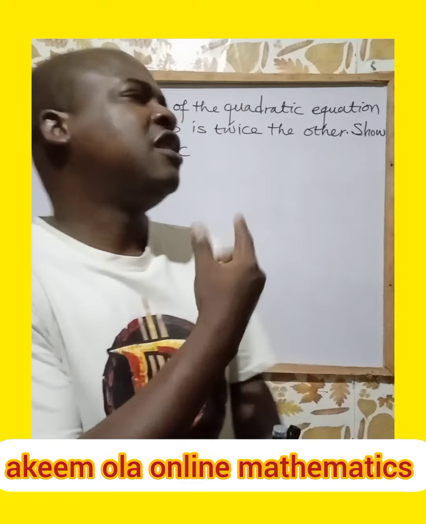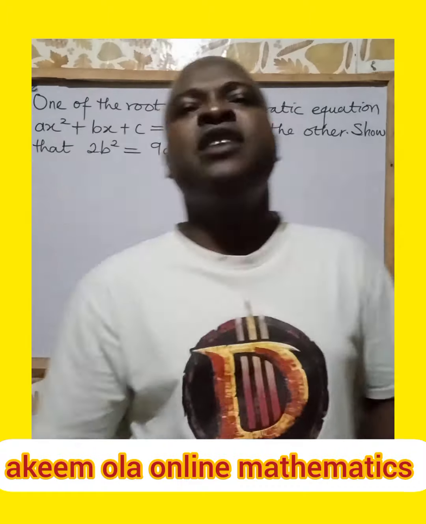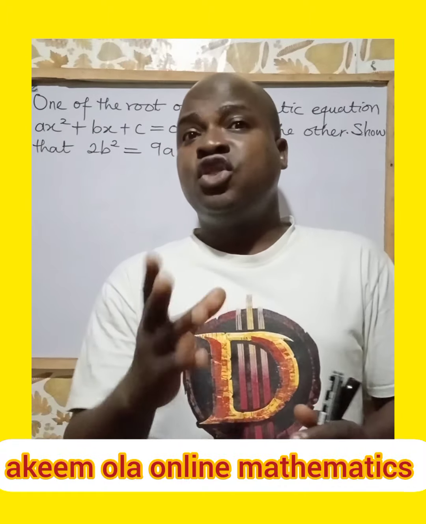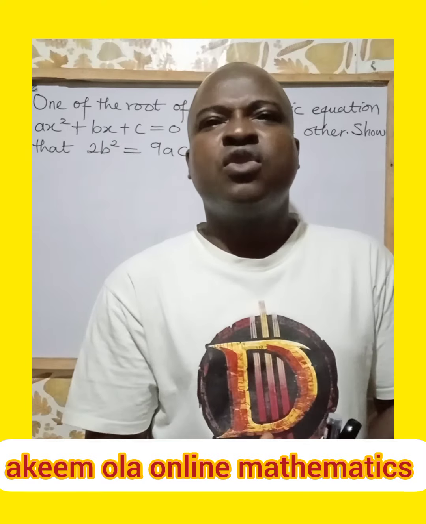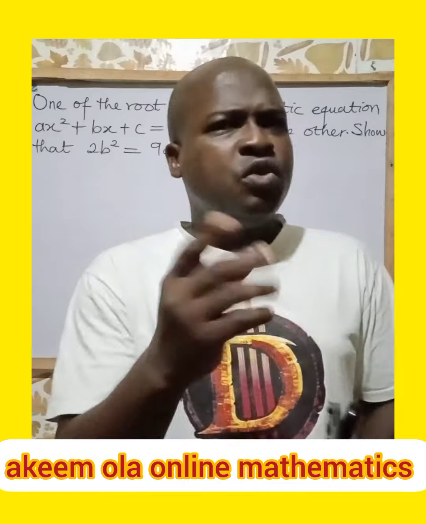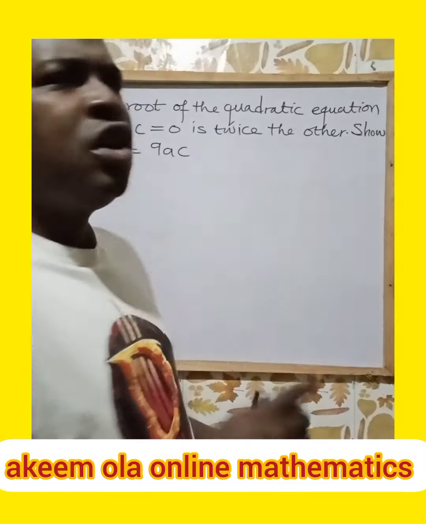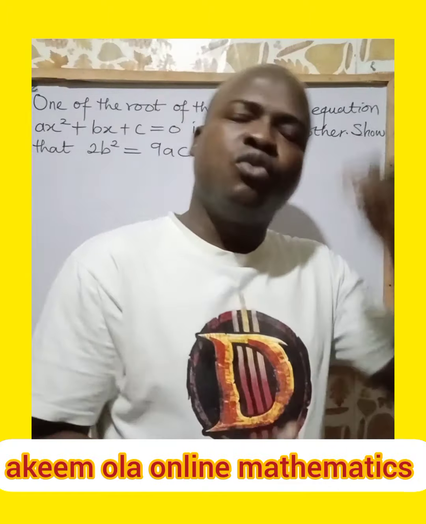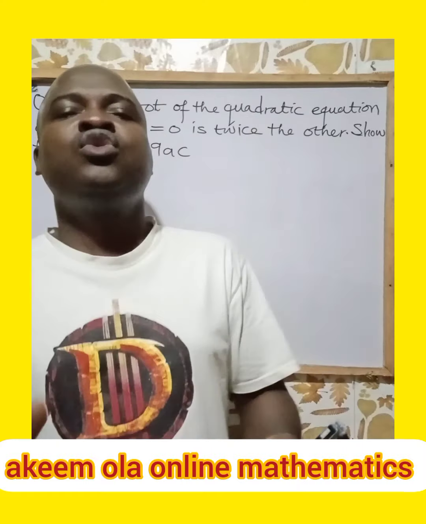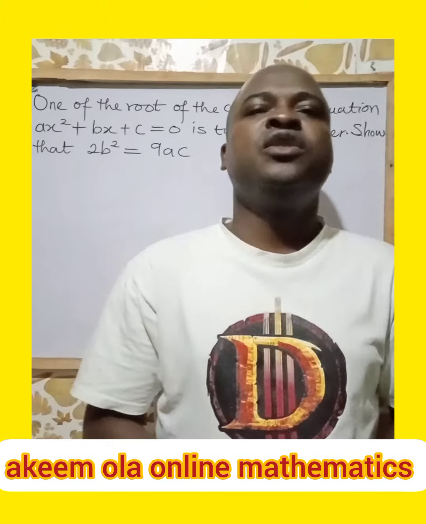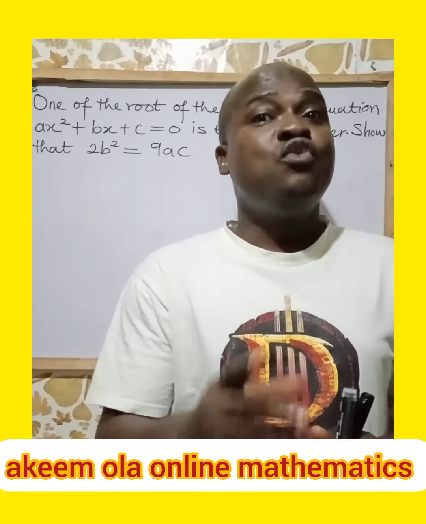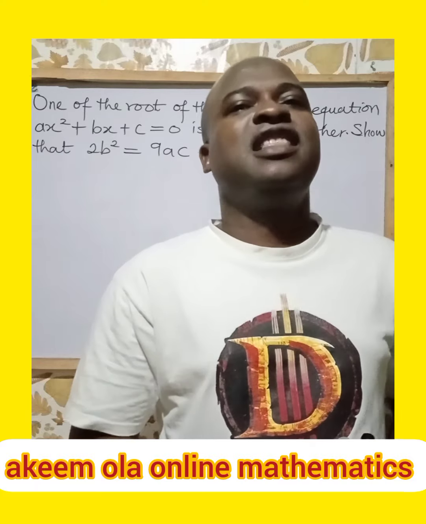So in this kind of question, it will be unwise to use two letters to represent the two roots because there is a relationship between them. So we are going to use one letter to represent both of them. And of course, when you are dealing with roots of a quadratic equation, you always use alpha and beta, which are Greek letters.